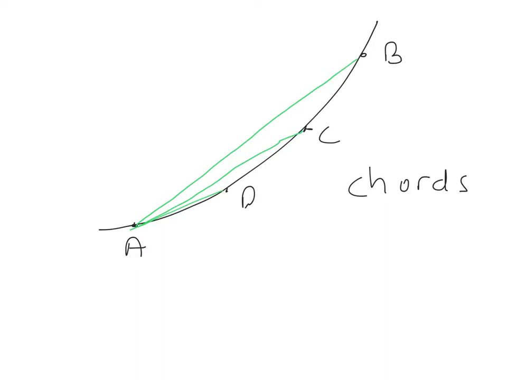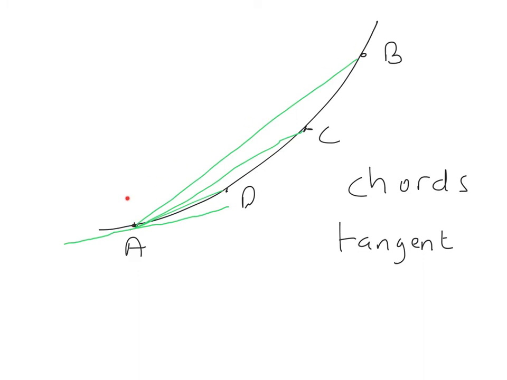What we're trying to find out, though, is the gradient at the point A. So what we really want is the tangent at the point A. Now the tangent just touches the curve at point A, and I've tried this several times already on this video and replaced it because it's quite difficult to draw the tangent. That's not terribly good, but what I'm trying to draw is the straight line that just touches the curve at the point A.